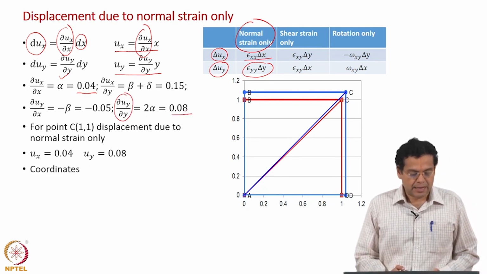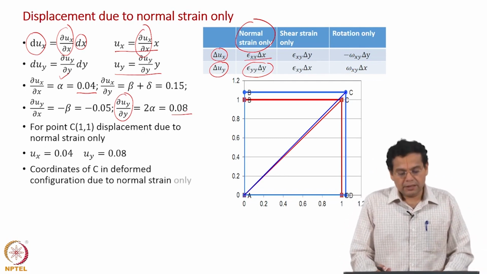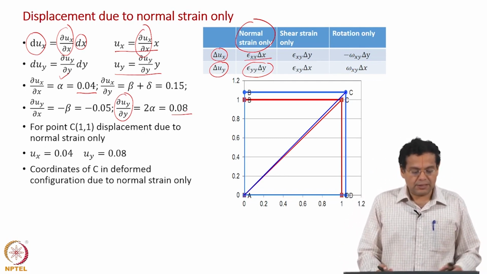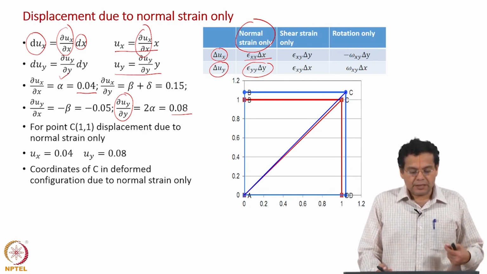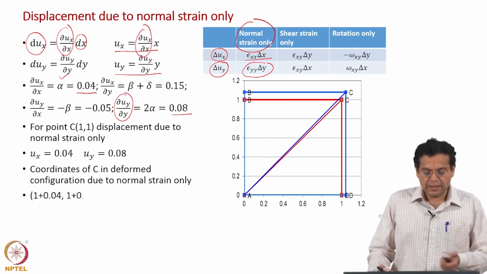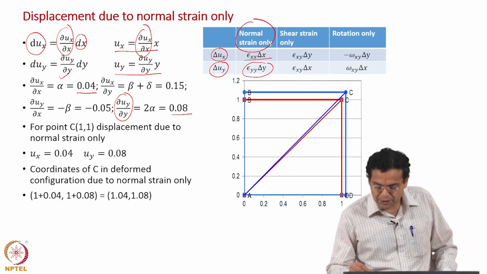Okay. And what are the coordinates of C in the deformed configuration due to normal strain only? Look at the statement, coordinates of C in deformed configuration due to normal strain only. Add the displacements to the respective old coordinates, you get 1.04, 1.08, and that is what is shown here.